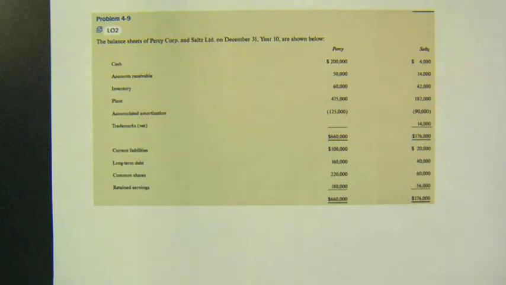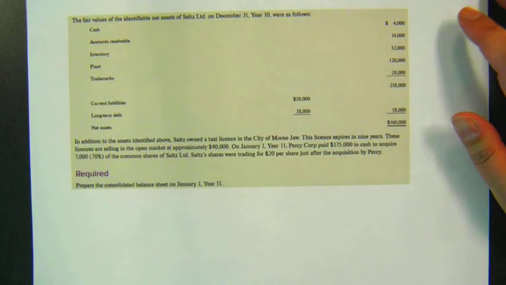Okay, so here's Percy and Salt, parent and sub. Here's their balance sheet, so it's carrying value. And then down here is the fair values. So, normal, right? You're used to.